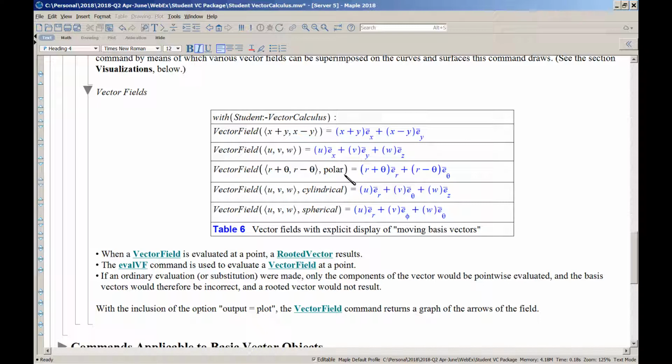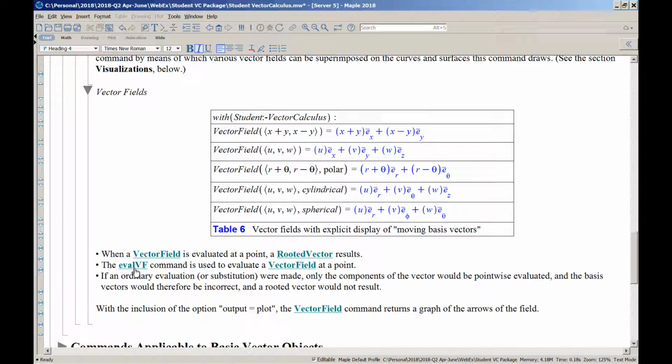Because of that, if you want to evaluate a vector field at a point, you must use this EvalVF, evaluate vector field command, because that command is what provides the pointwise information for the basis vector.